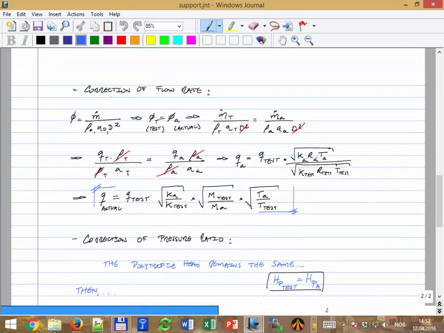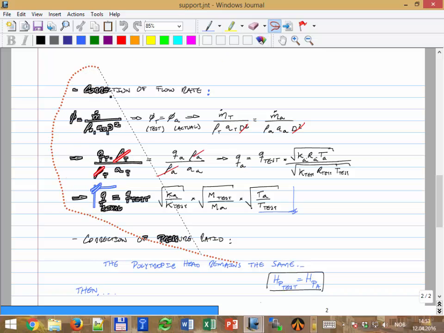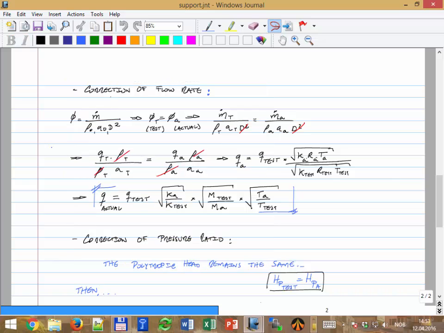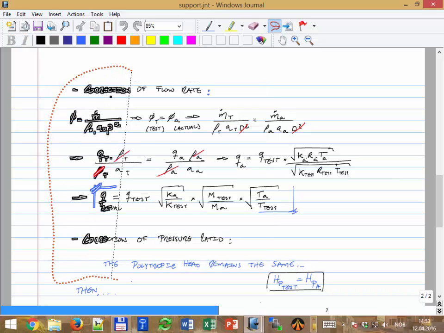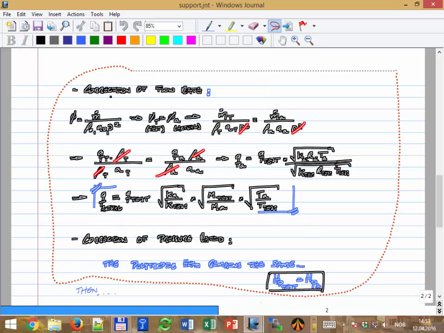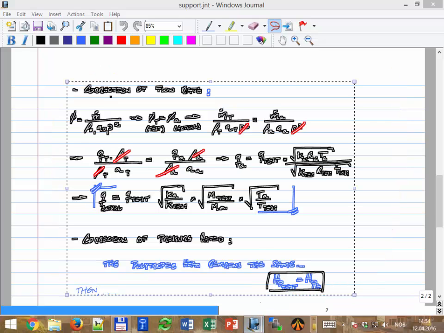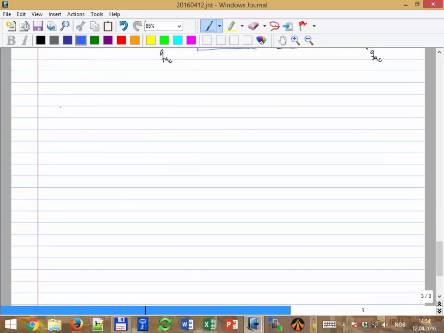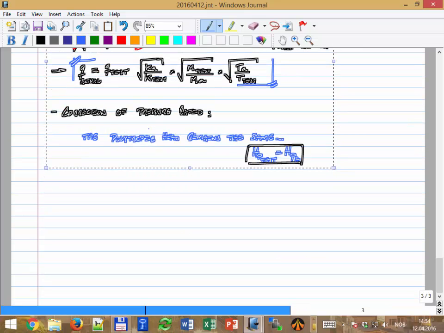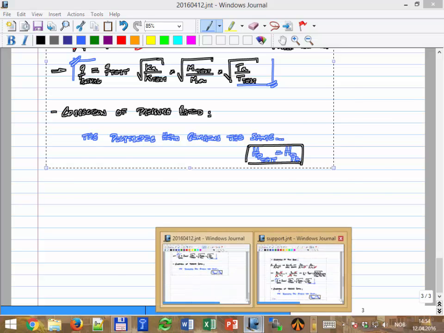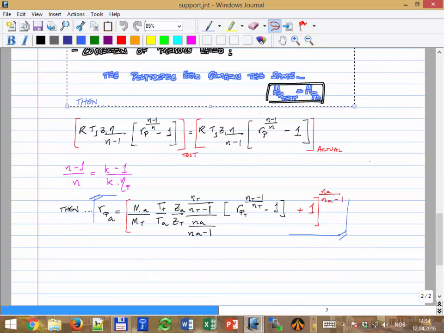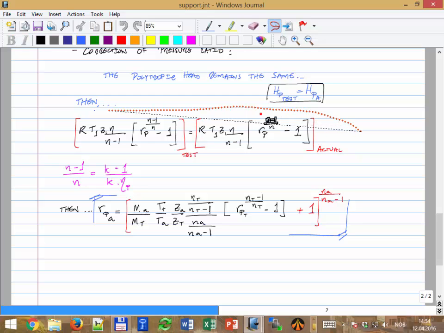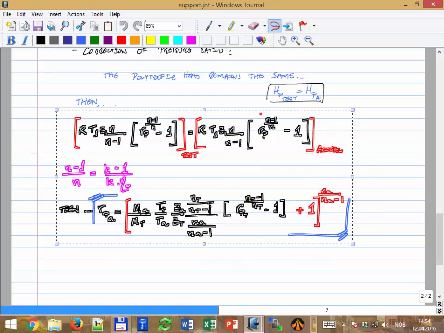Okay, so these are called correction factors, and you have the correction for the flow rate, and we have a correction for the polytropic head. You can create a correction for any other factor that you want, for RP, for example.